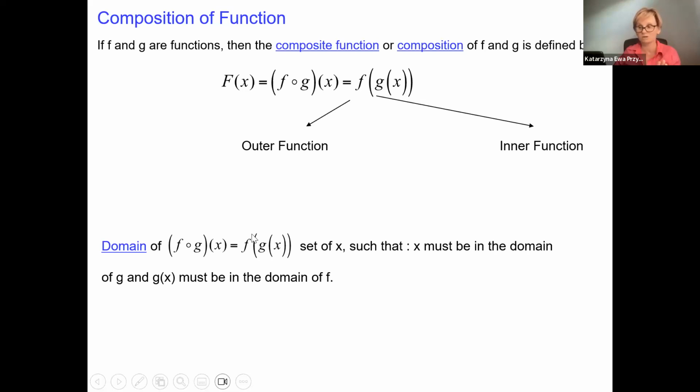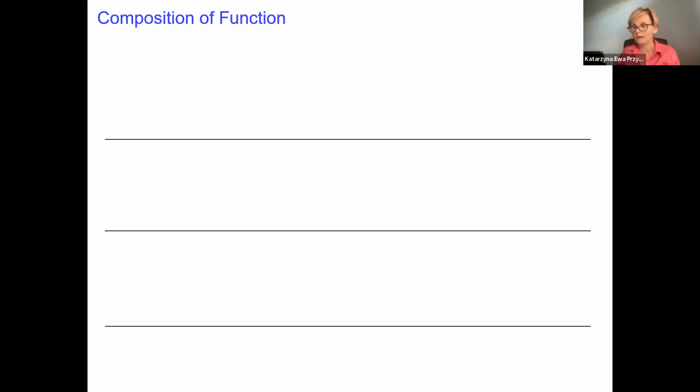Just the theoretical notes. And what I wanted to do is give you, for instance, two functions, and I will ask you to get the composition. That means what will be the formula when function f is x squared and g is sine of x.